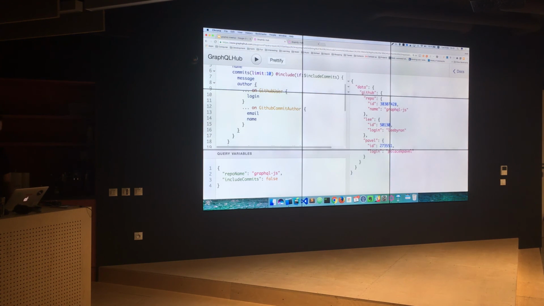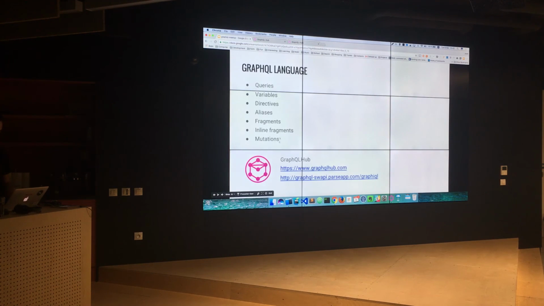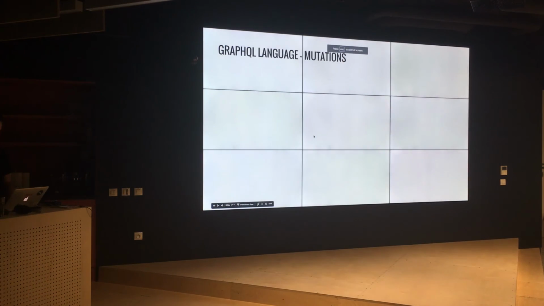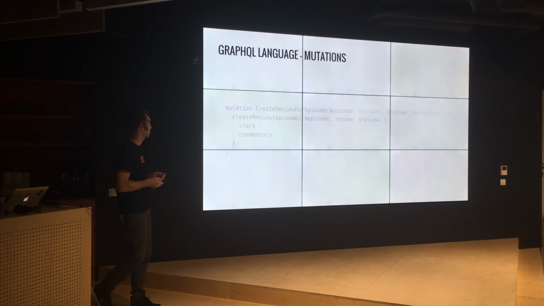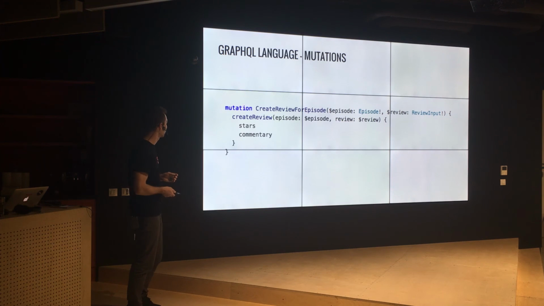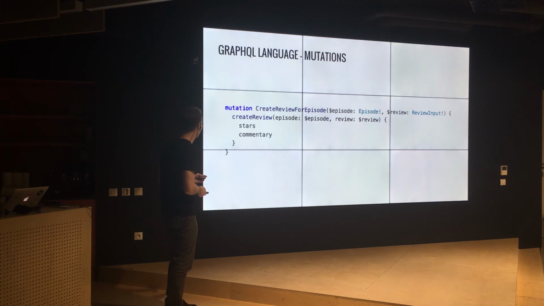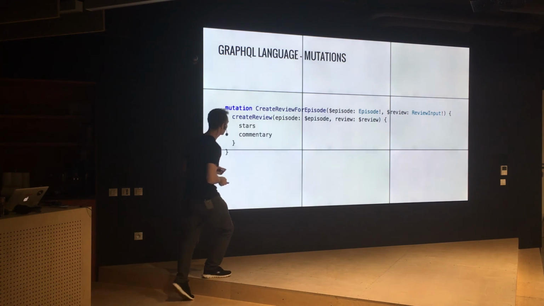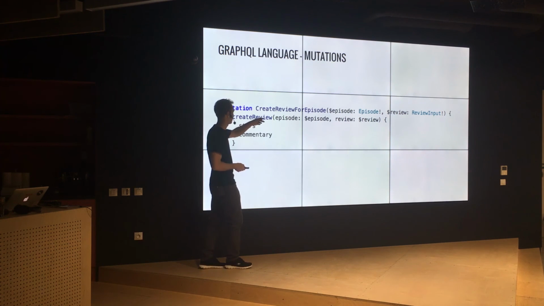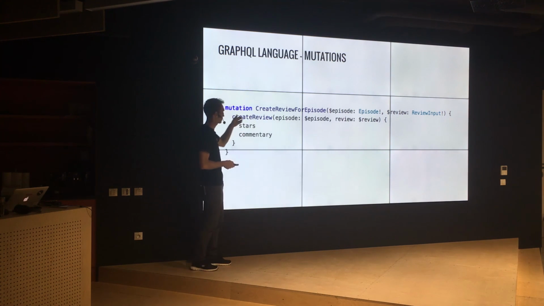So that's basically it. I'll return to my presentation. And the last thing I want to show and cover is how mutations can look. I'll not code it, but you'll get a feeling. You can pass some parameters to a server action, and after the action is executed on the server, you can select what data you want to retrieve back.